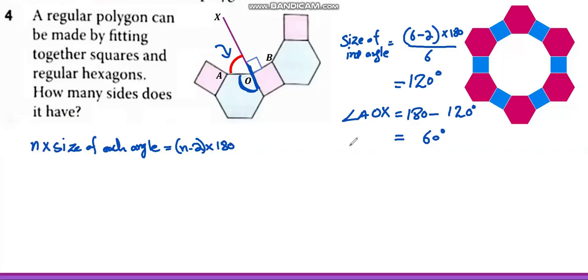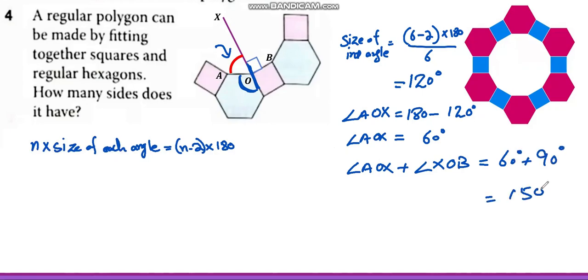So the size of AOX is 60 degrees. It means the size of the interior angle of the polygon will be the sum of AOX and angle XOB, which is already found, which is 90 degrees. So the sum of 60 and 90 will be 150 degrees.